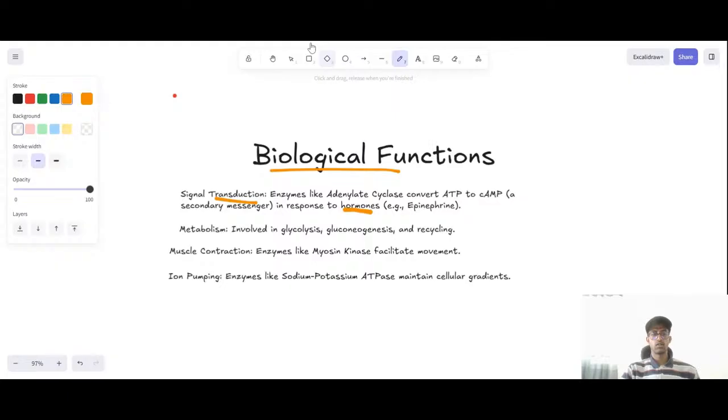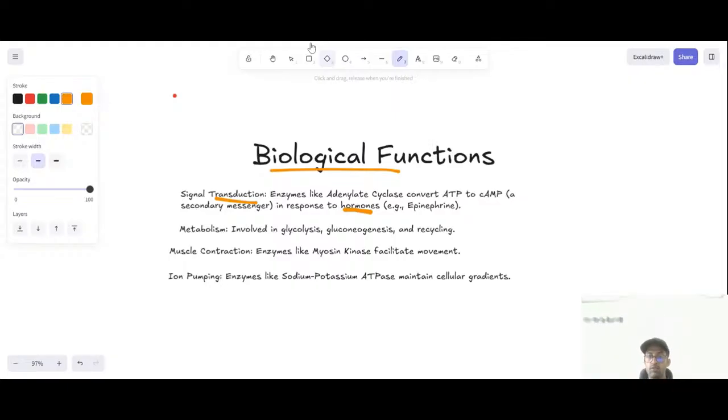Gluconeogenesis is a metabolic pathway that allows the body, primarily the liver, to generate glucose from non-carbohydrate sources.